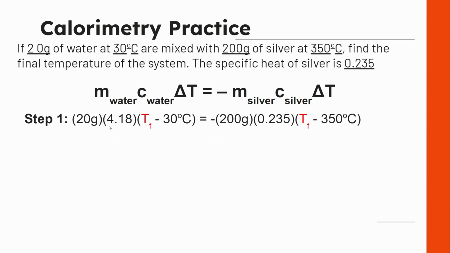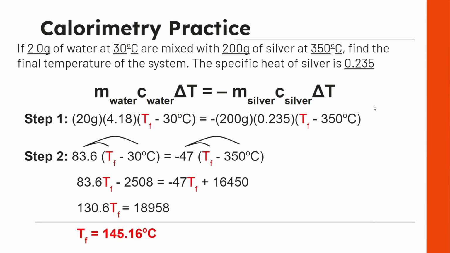This looks like a lot, but it's really just basic algebra at this point. I only have one variable. I just have to combine like terms and solve for that. And this is how I do it. What I'm going to do is multiply out each side. So 20 times 4.18 would give me 83.6. And then negative 200 times 0.235 is going to give me negative 47. And then I'm going to distribute those because I don't have like terms within my parentheses.